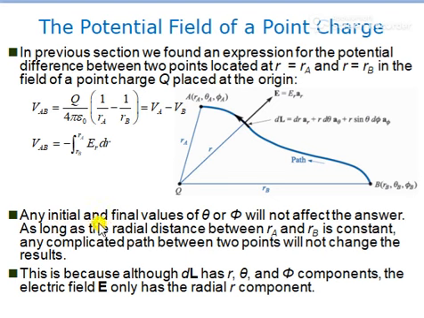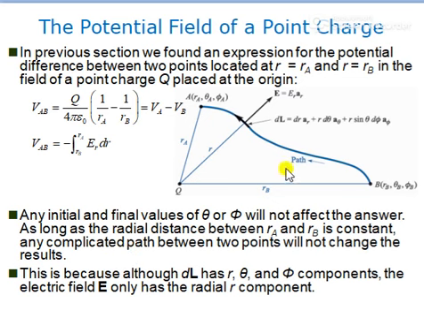Now, any initial and final values of theta or phi will not affect the answer, as long as the radial distance between Ra and Rb is constant. So any complicated path between two points will not change the result. Theta and phi values have no effect on the result; it depends solely on the radial distance between Ra and Rb.